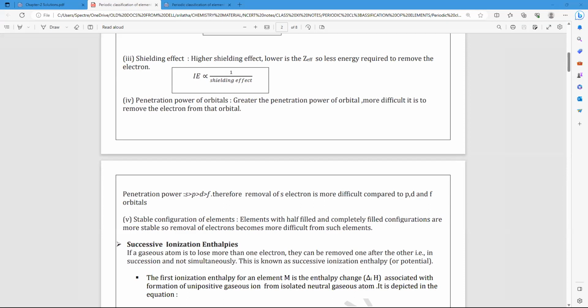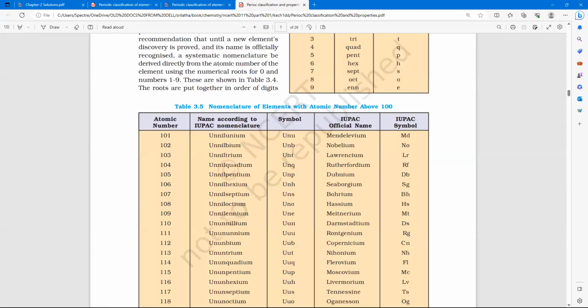Anomalies, one second, sorry. What is that you're seeing, students?